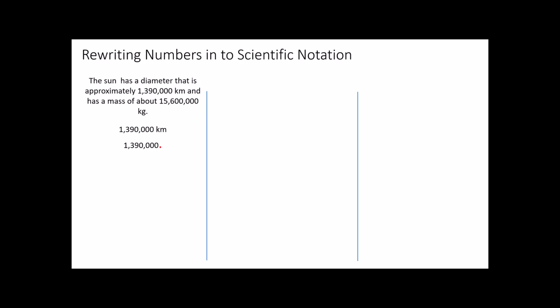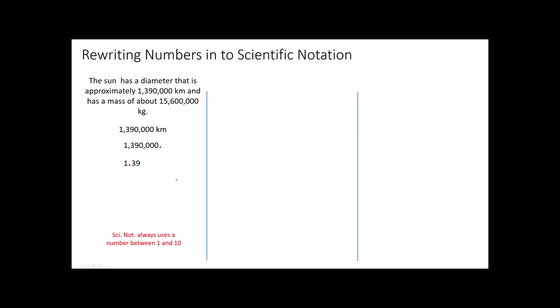When we talk about scientific notation, it always uses a number between 1 and 10, which means I'm going to take this decimal point and I'm going to move it to the left until I end up with a number that's between 1 and 10. In this case, it's going to go between the 1 and the 3, because 1.39 is between 1 and 10.